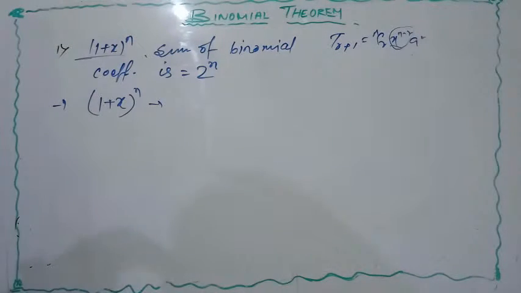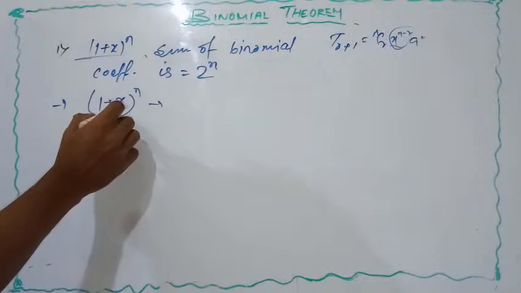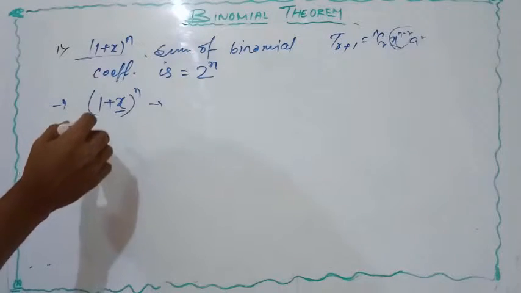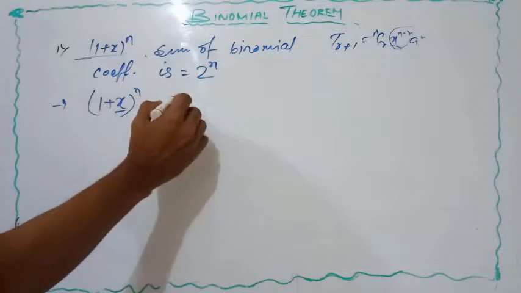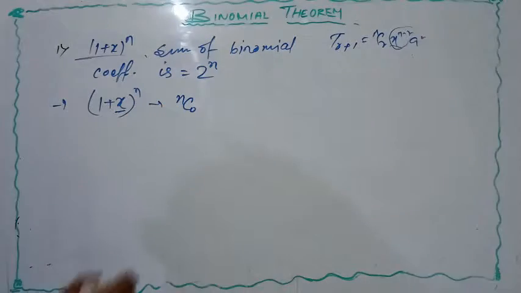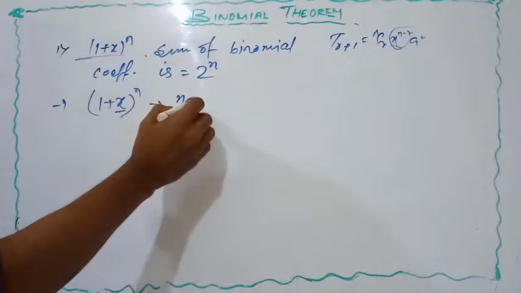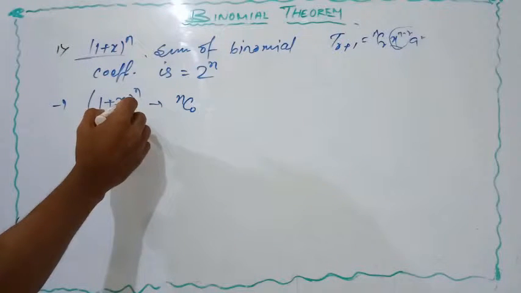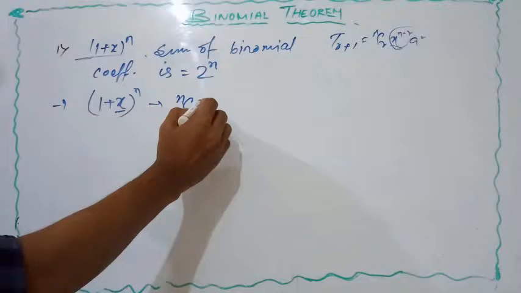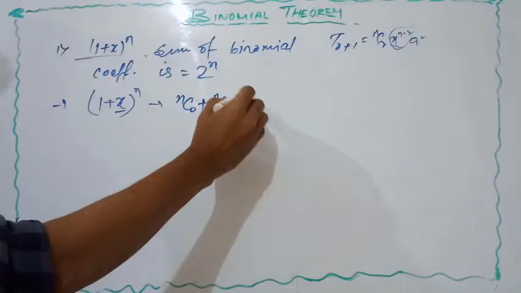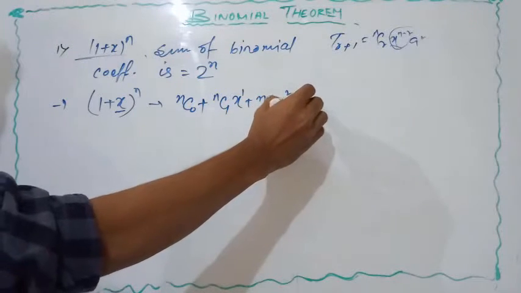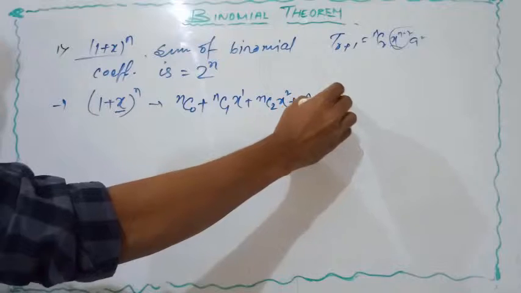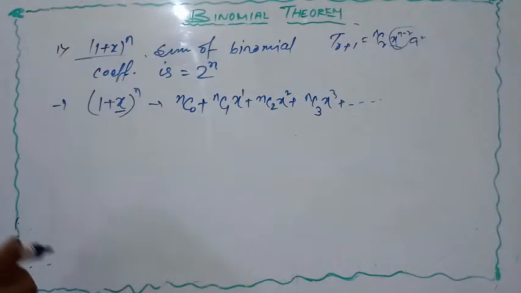So we only get the coefficient nCr and x^r. If we expand this expression, we get nC0 times 1^n times x^0, that is 1, plus nC1 x plus nC2 x squared plus nC3 x cube. In this way it will continue.